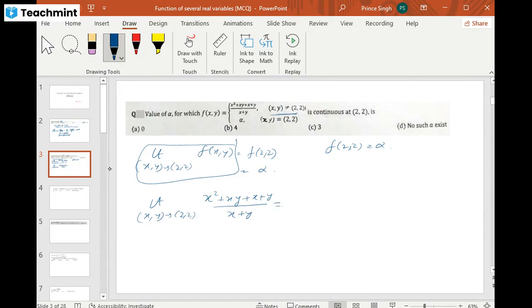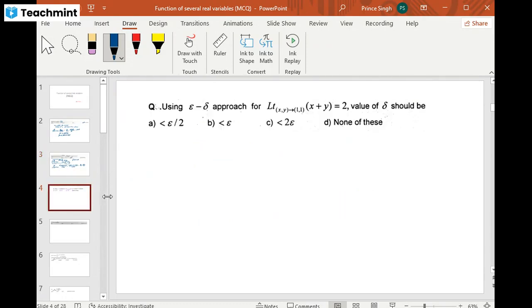Now because your function is defined if I put x equal to 2 and y equal to 2, we can directly get the value by replacing x equal to 2 and y equal to 2. So this is 4 plus 4 plus 4 is 12, 12 upon 4, so its value comes out to be 3. So the limiting value is equal to 3 and its value is equal to alpha. So it means that alpha is equal to 3 only. So this is the answer in this case.